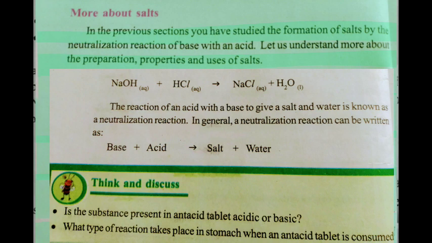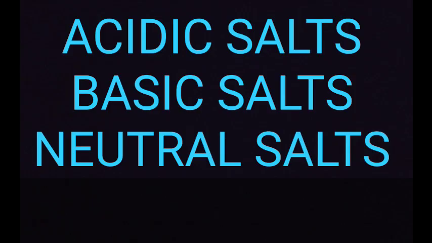Acids are acidic, bases are basic. Obviously, we may think that salts are neutral in nature, but it is not true. Salts are of three types: acidic salts, basic salts, and salts neutral in nature.